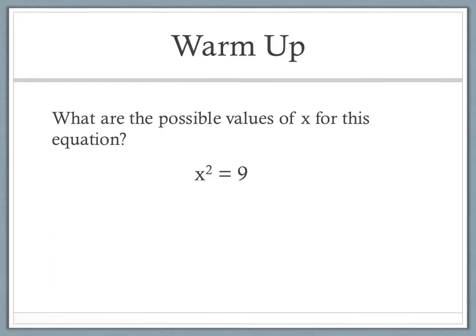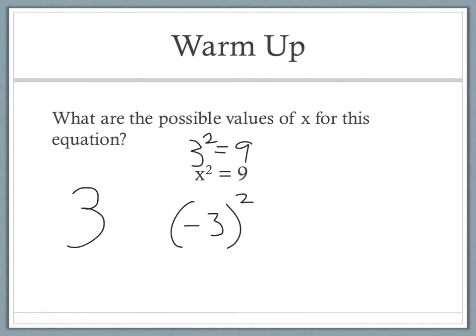Alright guys, so for our warm-up, what are the possible values x could be for this equation? So x squared equals 9. So what could x be? Well, a lot of you are like, oh, x could probably be 3, because 3 squared equals 9. 3 times 3 is 9. Let's also think though, what if I did negative 3 squared?